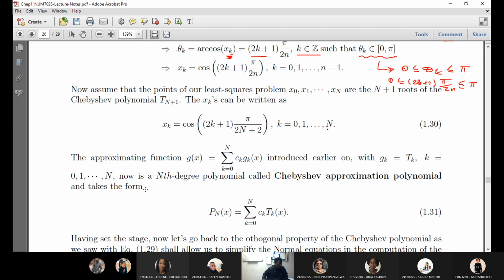Okay, so that's what we have. So your x for the least square problem, you see that this k runs from 0 to n.